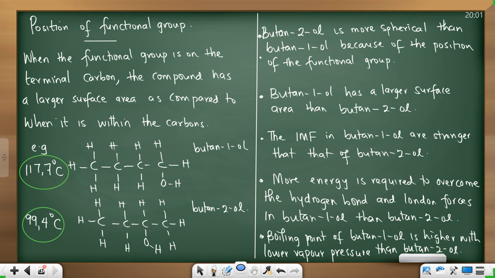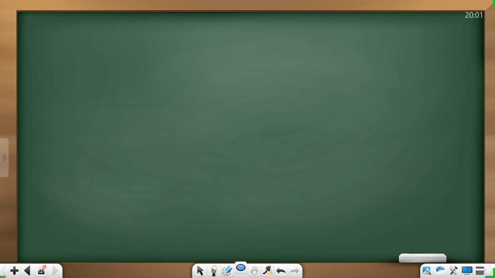2-bromopropane boiling point: 59. I don't know if that makes sense to you again. Look at 1-bromopropane. You got 71 degrees Celsius.